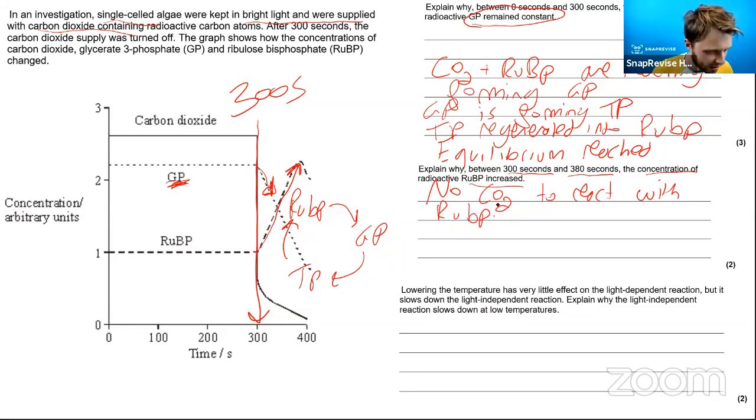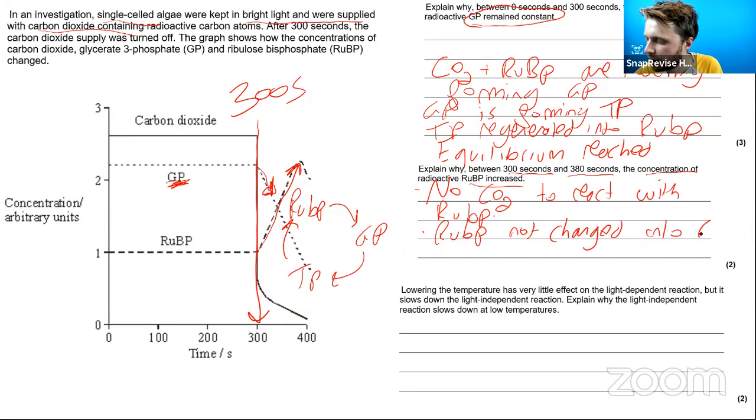So we can say, let's get this perfect, RuBP not changed into GP, which in turn GP decreases. There you go. So it's basically going to get stuck.